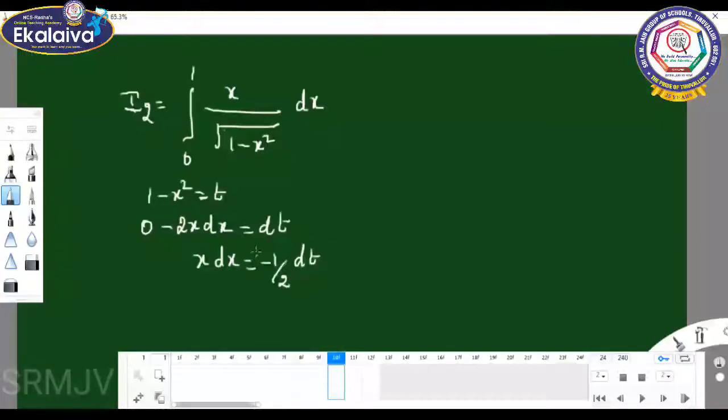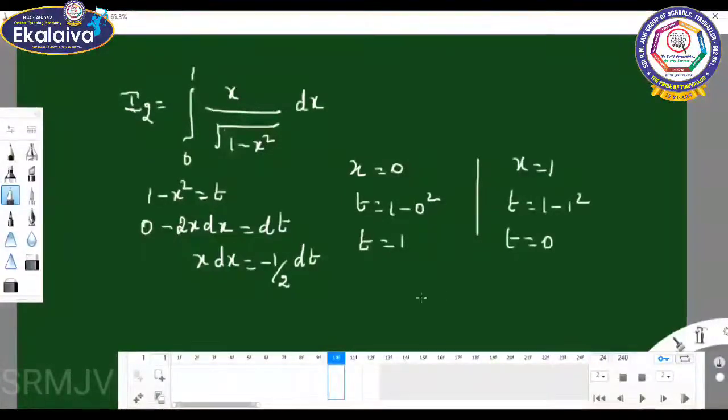This is the limit for x, so you can change the limit for t also. If x equal to 0, what is the t value? t equal to 1 minus 0 square, t equal to 1. If x equal to 1, t equal to 1 minus 1 square, t equal to 0.